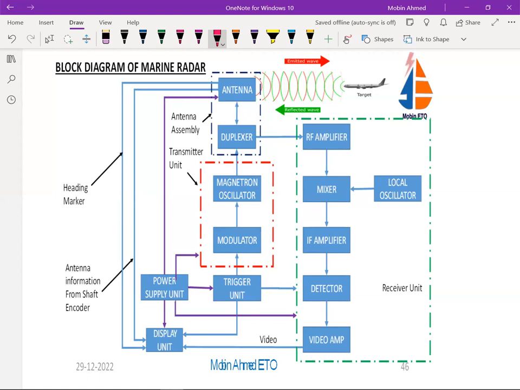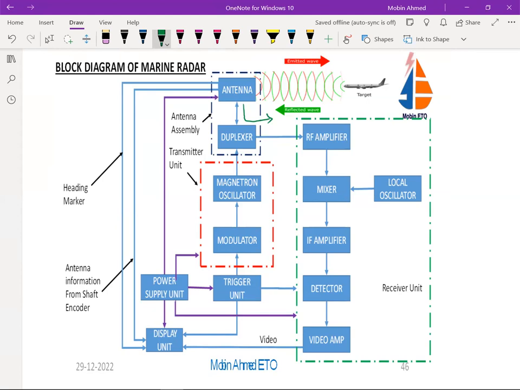It will go to the antenna and radiate to the atmosphere, and the reflected wave will come through the antenna. Now the reflected wave coming to the antenna is directed by the duplexer to the receiver. The receiver has all these stages: RF amplifier, mixer, IF amplifier, detector, and video amplifier.